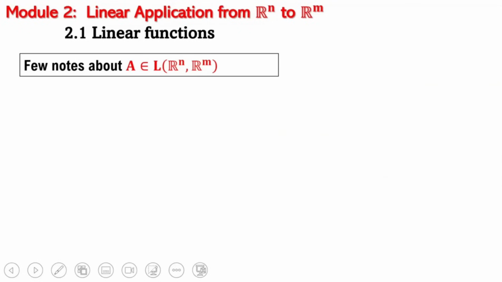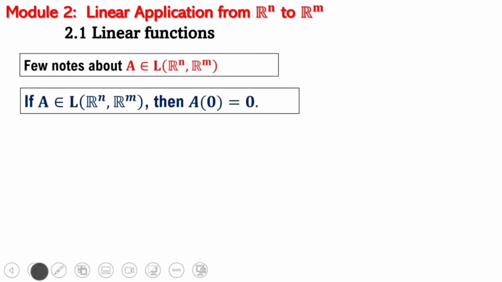Okay, now we note a few properties of A from L(Rn, Rm). The very first property is that A0 is equal to 0, which means that 0 of Rn will go to 0 of Rm.